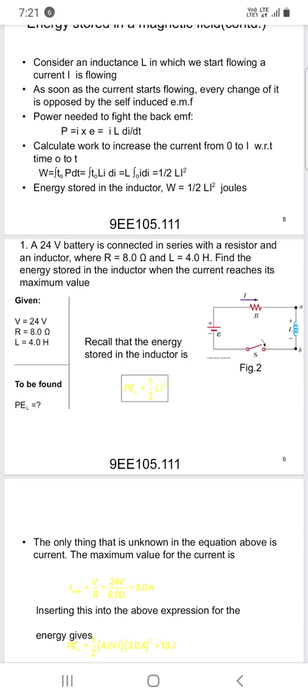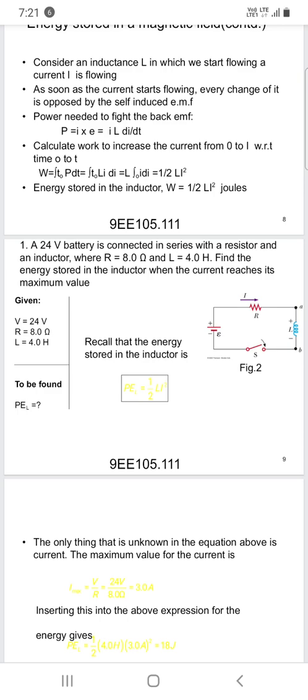Now, where E is equal to L into di by dt, this is the self-induced EMF. The self-inductance of the coil, or of the conductor, is the induced EMF produced in a conductor due to the rate of change of current in the inductor or coil.